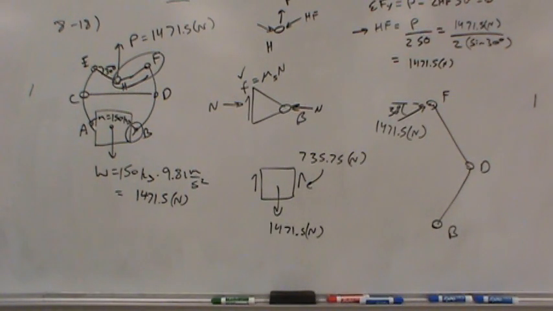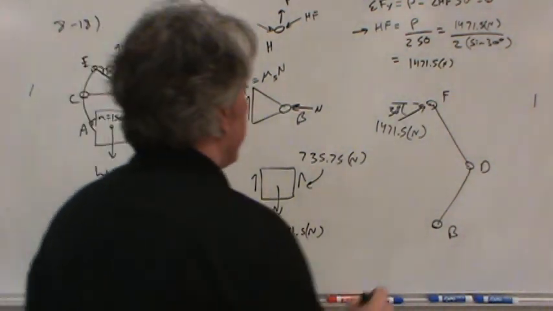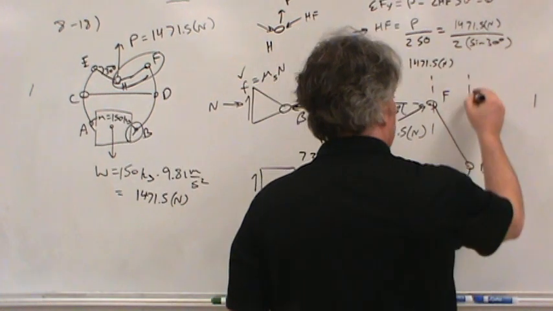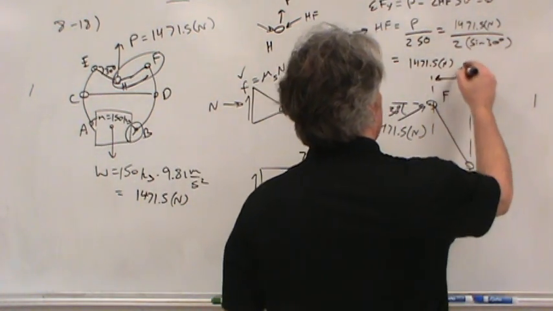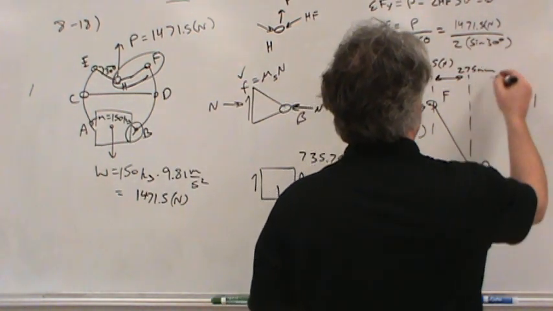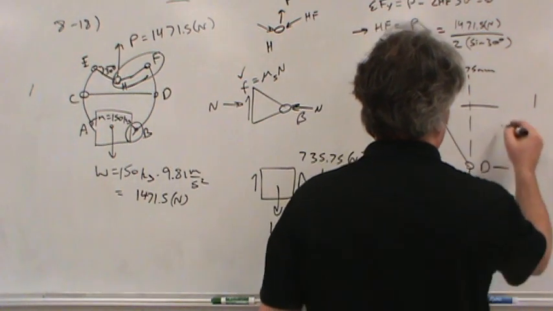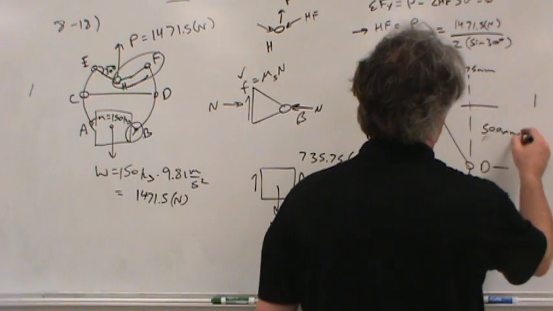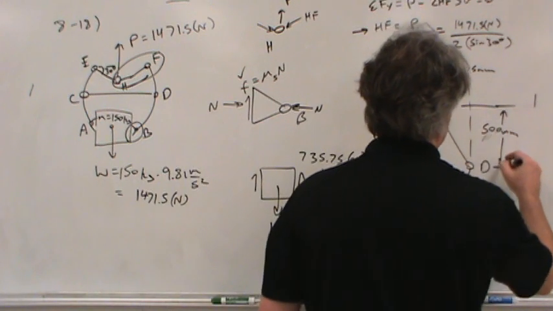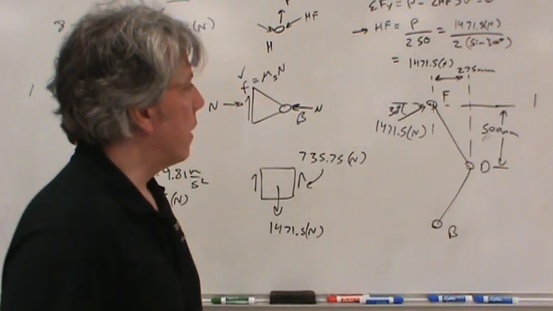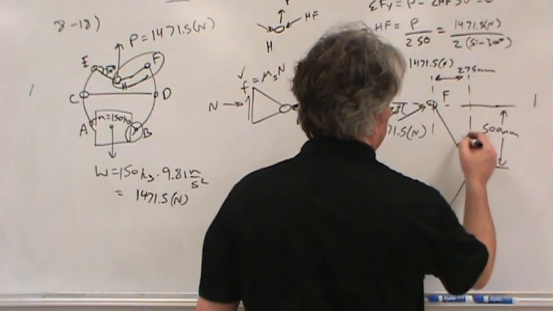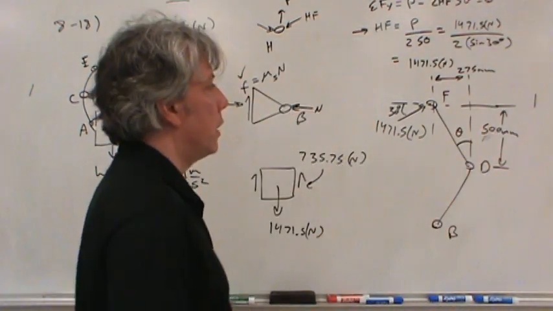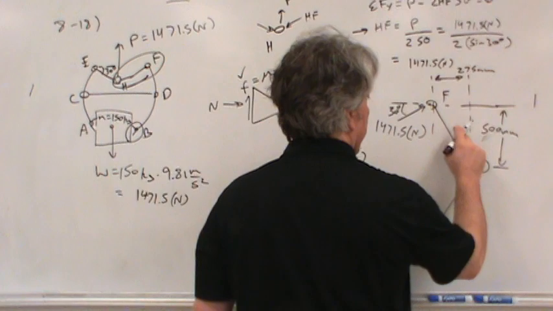We know that the run is 275 millimeters. I think that's what it was. I'll check it again here in a minute. And then 500 millimeters, or half of a meter this way. So do me a favor, if you would, calculate this angle here. I probably shouldn't call it theta. We've already used theta. How about alpha?